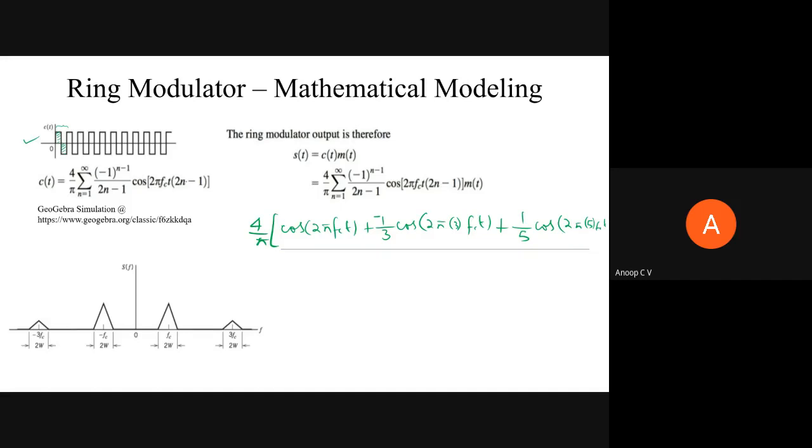So this is the series. What it implies is, even though it is not a sinusoid, this periodic function, that is c of t, can be represented as a weighted sum of odd harmonics of sinusoid.